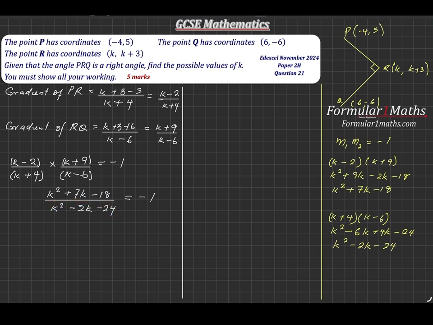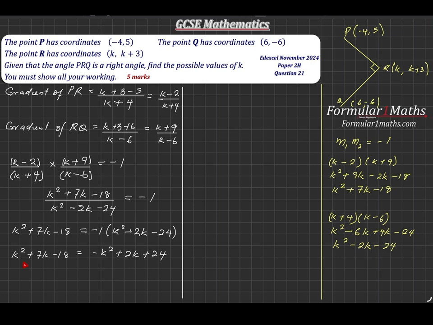So I get k squared plus 7k minus 18 on the left-hand side equal to -1 times k squared minus 2k minus 24. The next thing to do is to expand the right-hand side of the equation, and I'm going to get k squared plus 7k minus 18, still on the left-hand side, equal to minus k squared plus 2k plus 24.